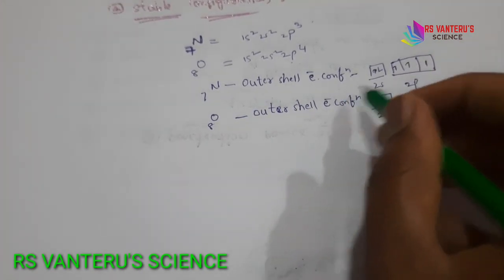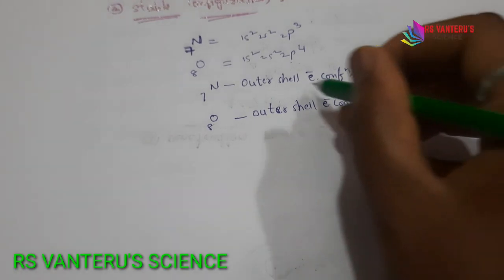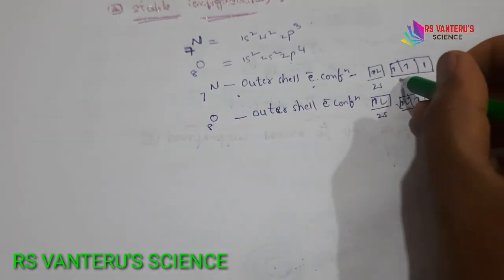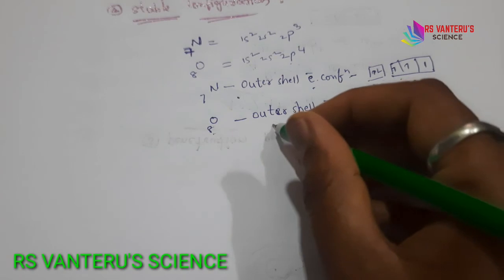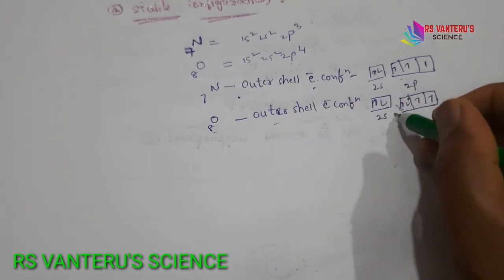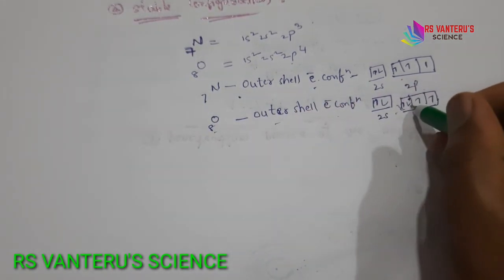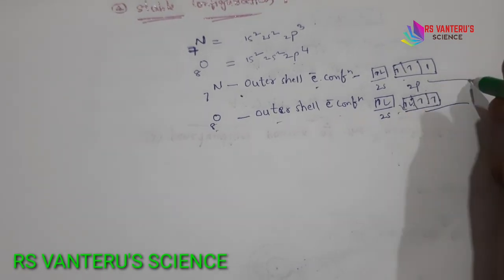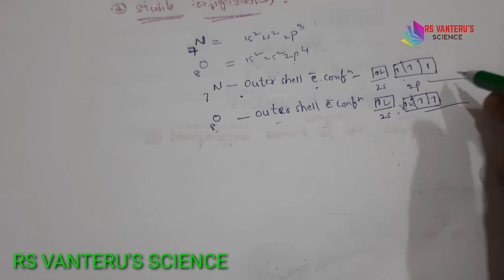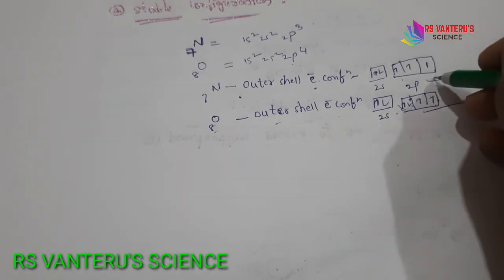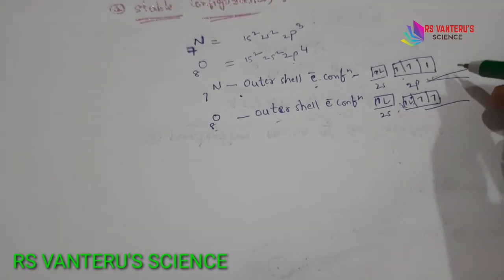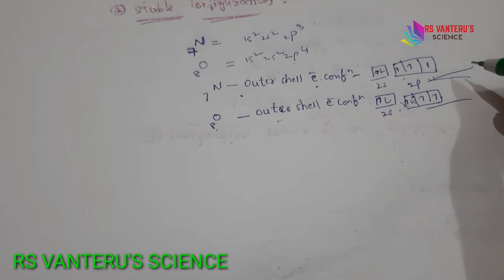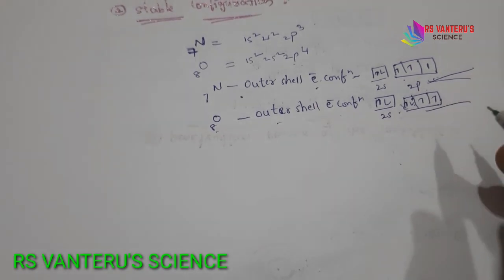It is easier to remove an electron from oxygen than nitrogen. Why? Because nitrogen has a stable half-filled electron configuration. This is the stable configuration.